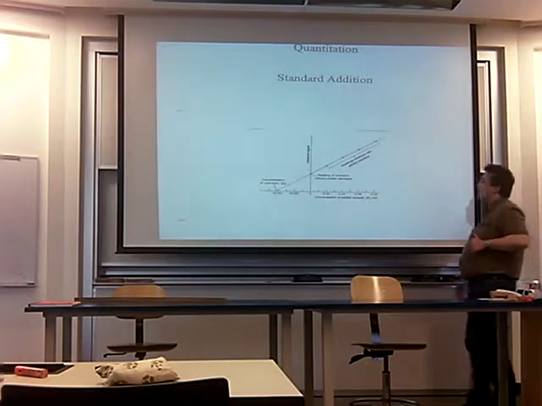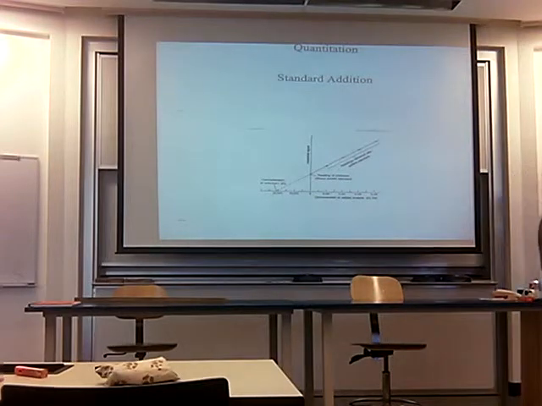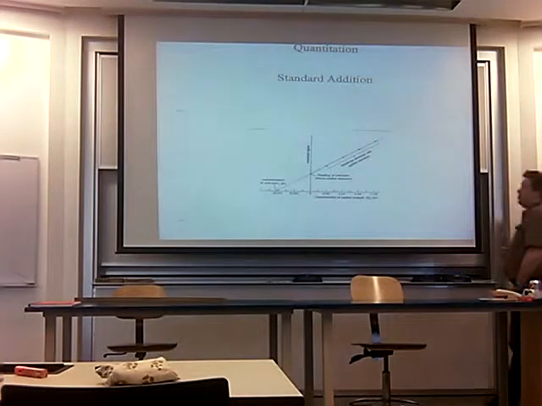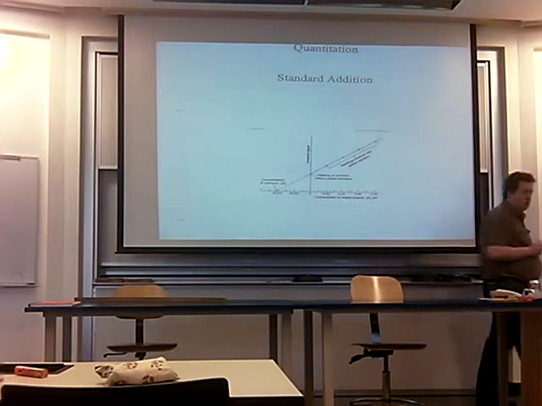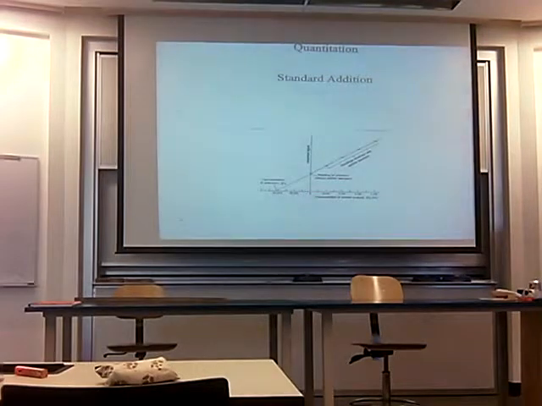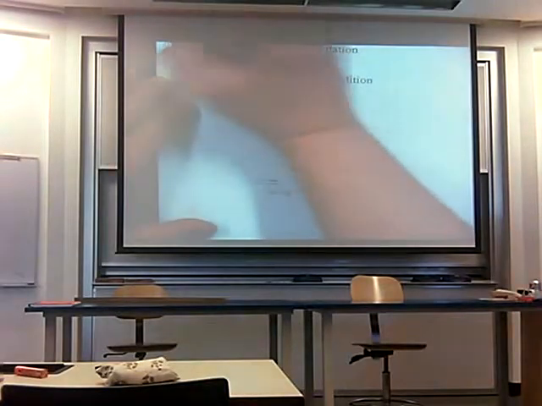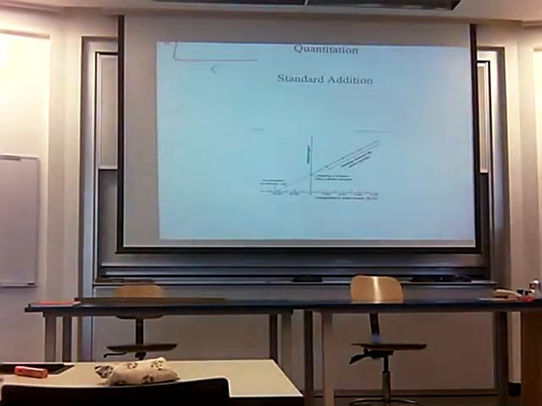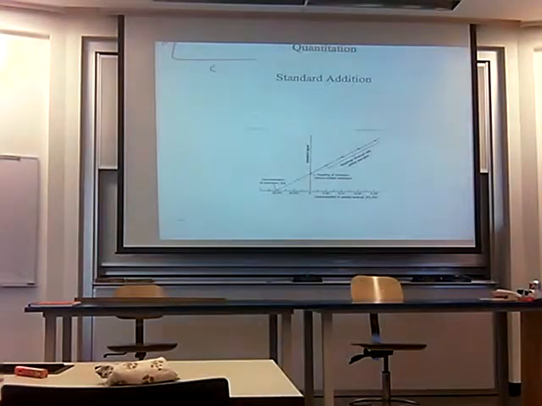So standard addition is used primarily, and the managers heard this when I talked to them from the room, and hopefully they conveyed it back, but if not, standard addition is used primarily when you have a complex sample. Up to this point, up to the calcium lab, when you had to do a calibration, or Beer's law, plotting absorbance versus concentration, you've probably always made standards of known concentration.